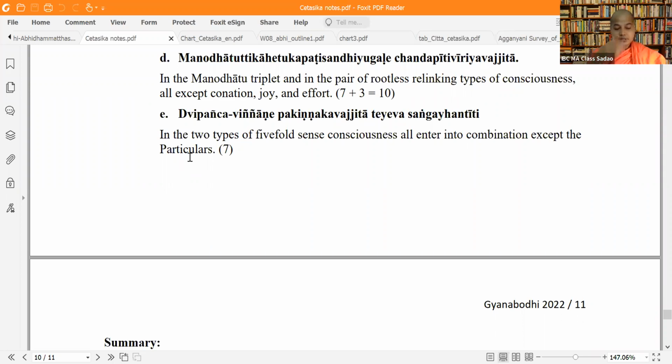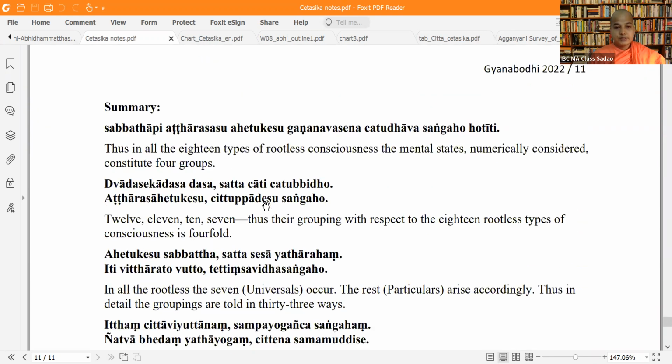This is consciousness associated with the sense faculties: eye, ear, nose, tongue, and body. In this, 5 kusala and 5 akusala, 10 types of consciousness, 7 mental factors are present only. And this 7 refers to the 7 universals. So particulars, pakinnakas, are not present.